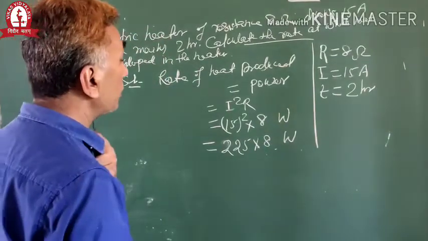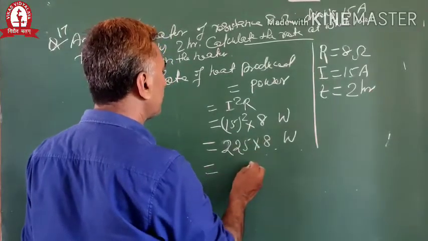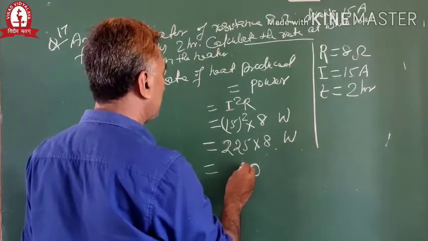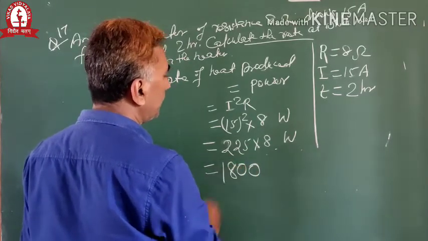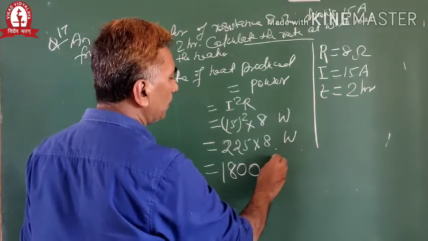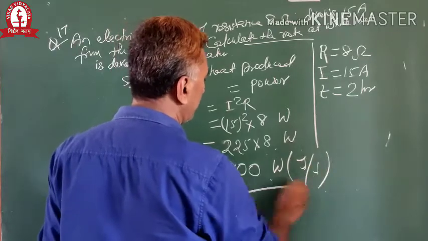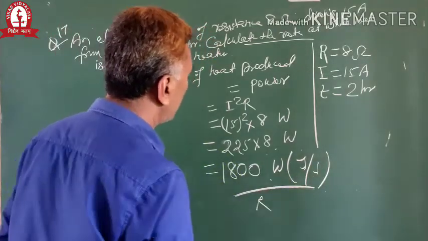Rate of heat produced is this much watt or joule per second, we can say. So this will be equal to 1800 watt or joule per second rate.